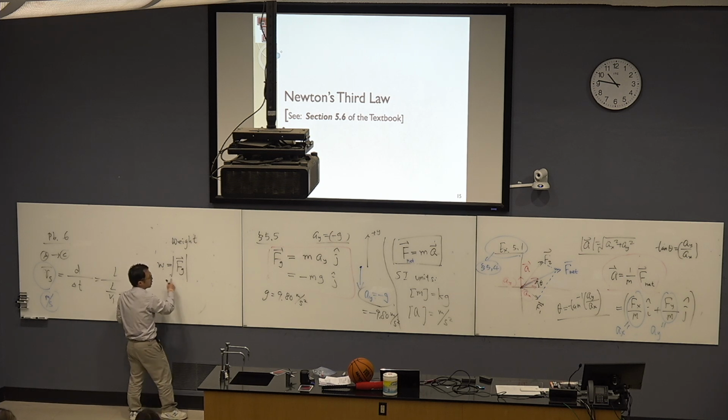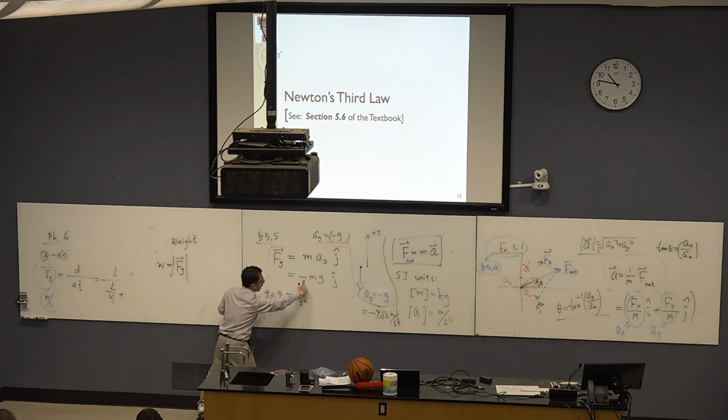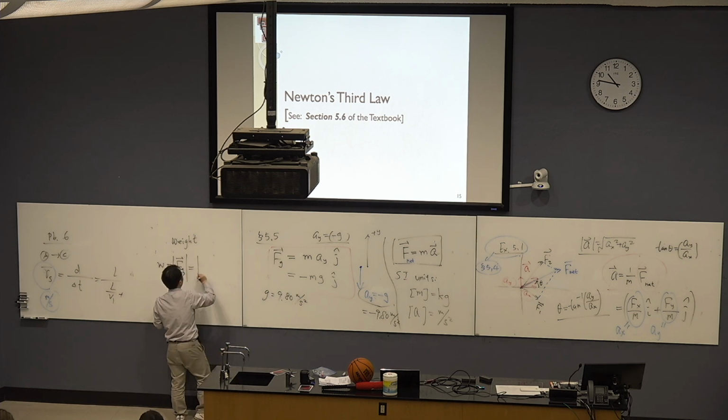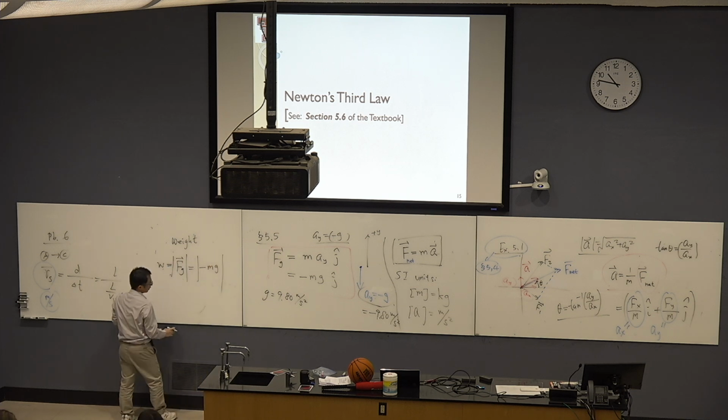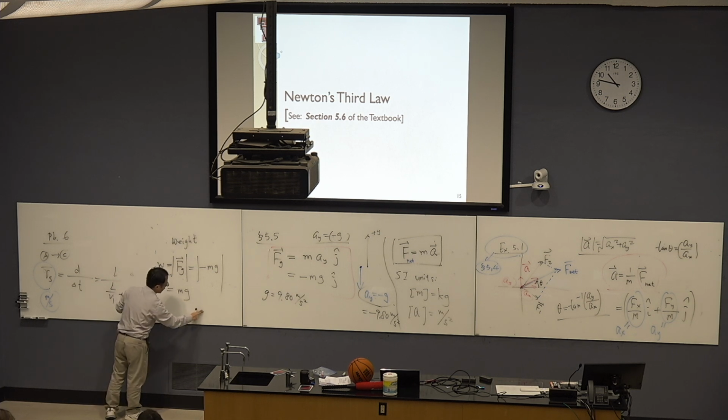So you can consider this as the absolute value of the negative mg, and that would just be equal to mg. So weight is a scalar actually. It would just be equal to the mass of the object times the free fall acceleration g.